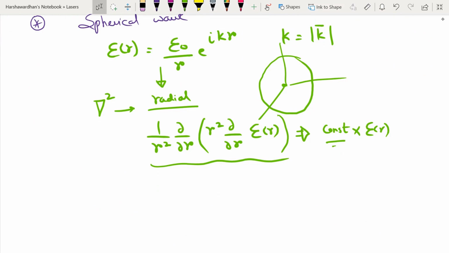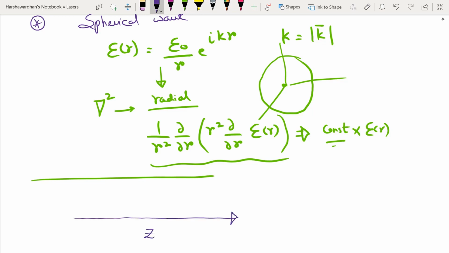Now I'll come to the other approximation of the scalar wave equation, which is called the paraxial approximation. By paraxial, what I mean is largely that I have a direction of propagation, let me call that z or equivalently r, and I'm interested in fields which are largely propagating along that direction, with little variation of the field along it.